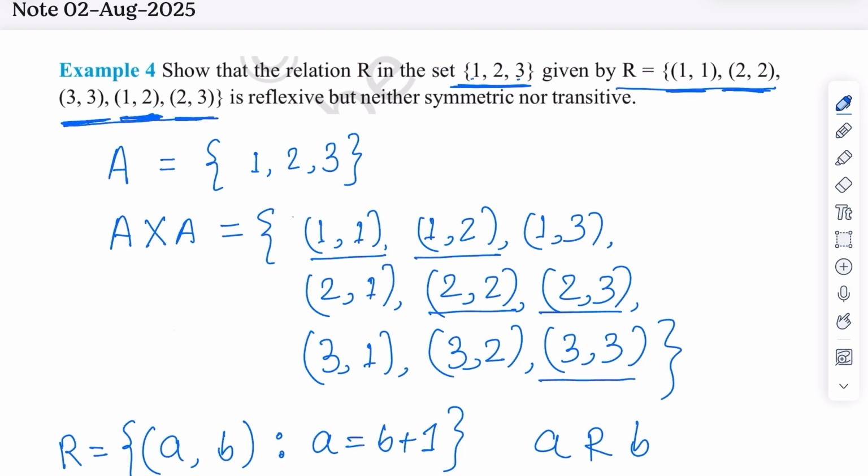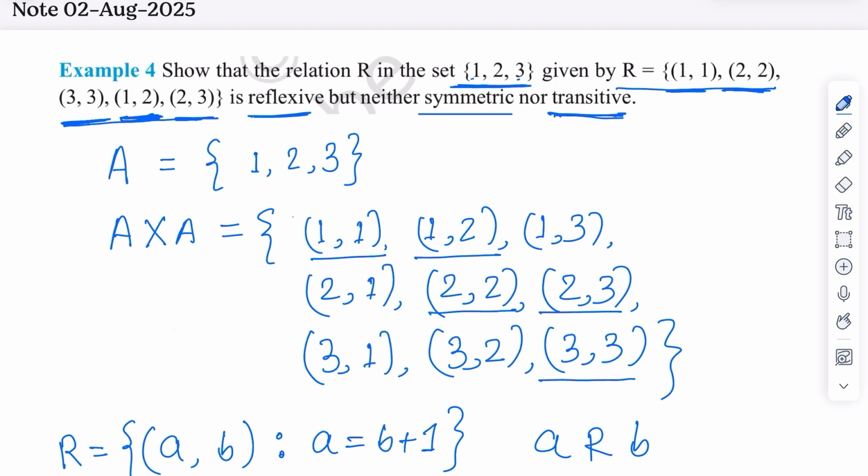So if it is transitive, then (1,3) must be present, but (1,3) is not present here. Therefore, it is not transitive. Okay, so we can see that it's reflexive. However, it is not symmetric, and it is not transitive also.